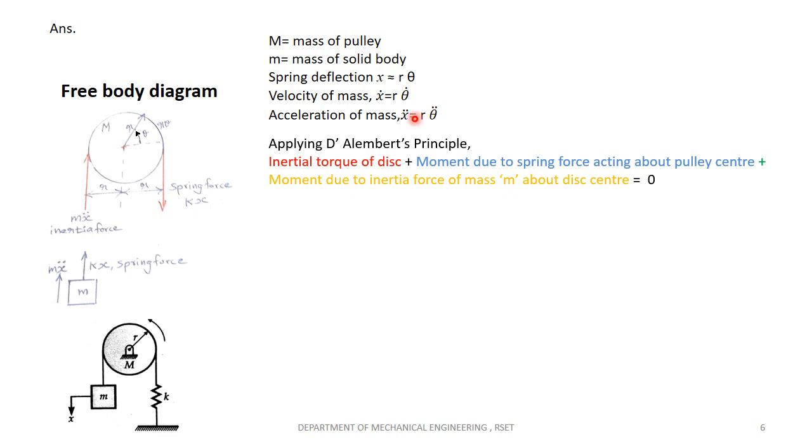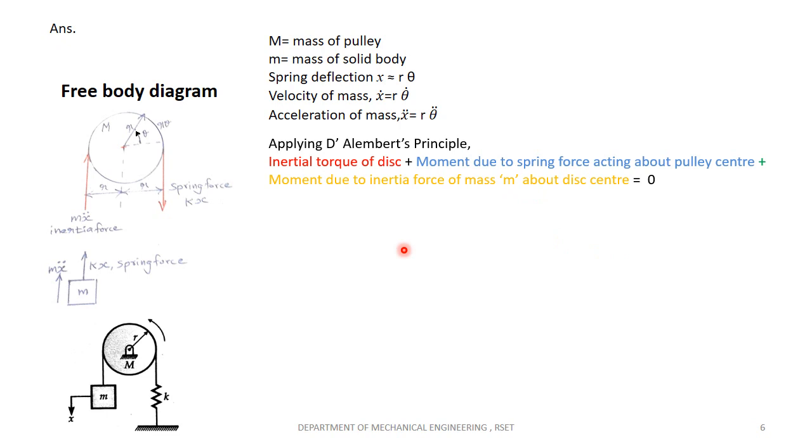The system of forces means we have two forces, the spring force and the inertia force. So we need to find two moments about the pulley center, one due to the spring force and another due to the inertia force, plus the inertial torque equal to 0.